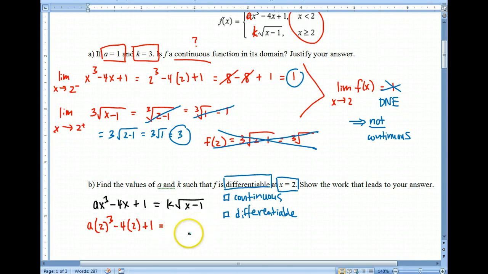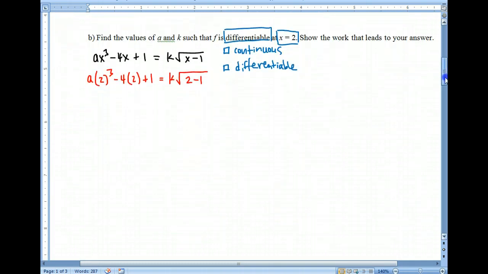And what's the other side going to look like? k times square root of 2 minus 1. 2 cubed is 8, so 8a minus 8 plus 1. What's square root of 2 minus 1? Square root of 1, which is just 1. So I'm just going to have k here.